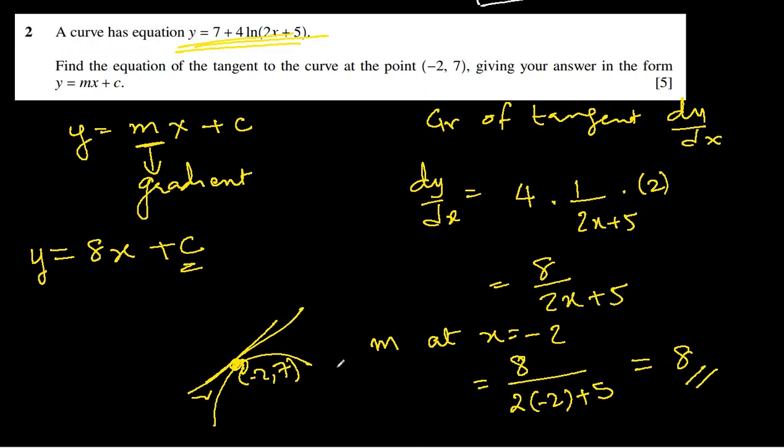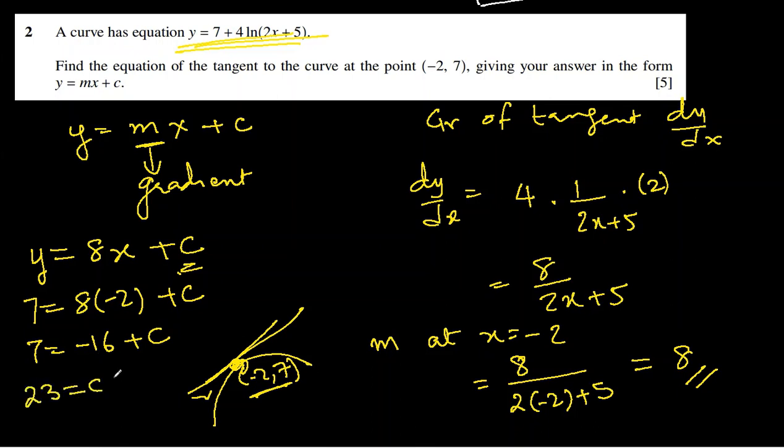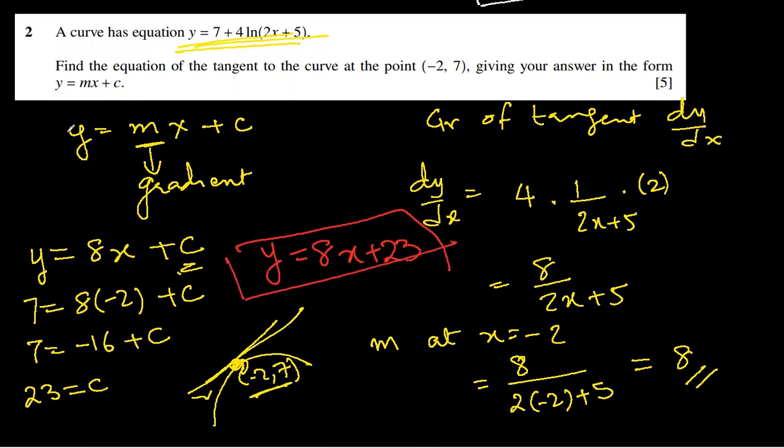This is the equation of the tangent, so this point's coordinates will satisfy the equation, and we'll plug it in there and we'll get c. y is 7 at that point. 7 equal to 8 times minus 2 plus c, so 7 equal to minus 16 plus c, and 16 comes here, plus 7 will be 23 equal to c. So finally our equation becomes y equal to 8x plus 23. This is in the format of y equal to mx plus c.